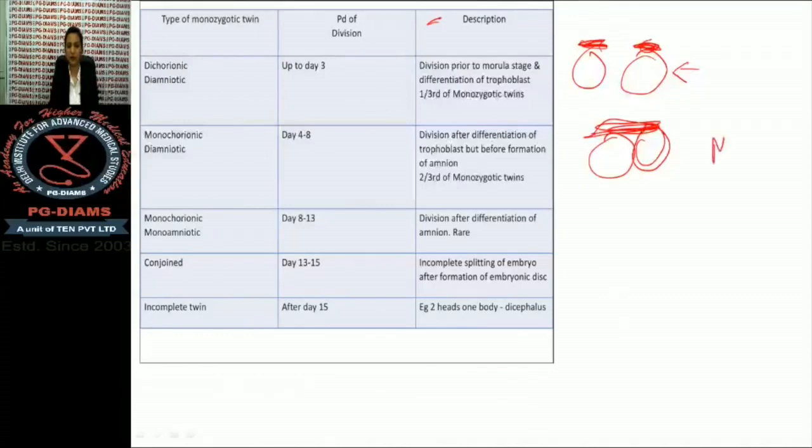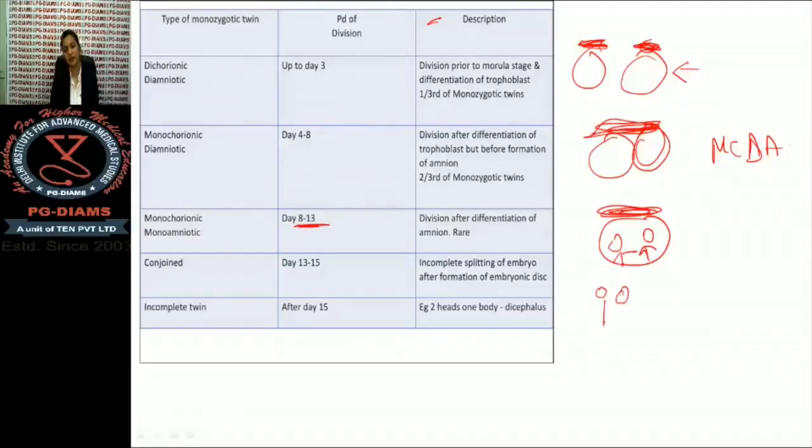This is monochorionic diamniotic, MCDA. Then you have monochorionic monoamniotic, a single large placenta and a single sac in which you have two babies. This will be when the division takes place between day 8 to day 13. Later, if division takes place, you have various degrees of conjoined twins.